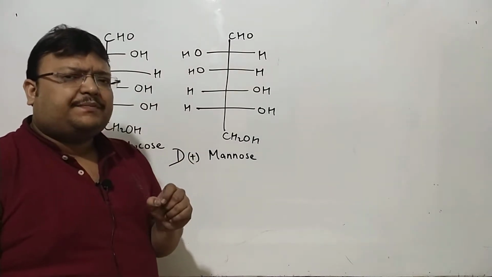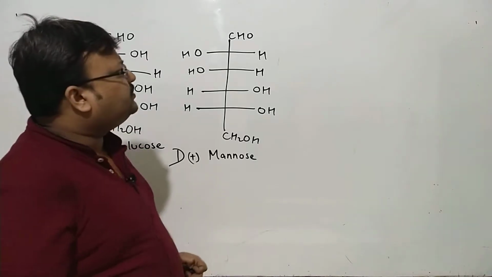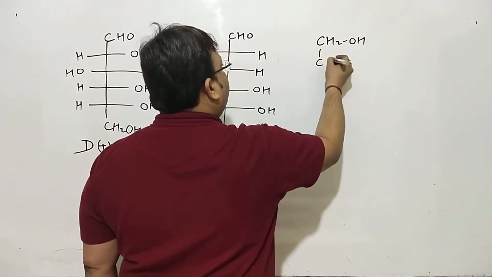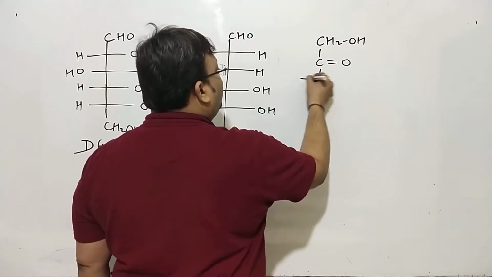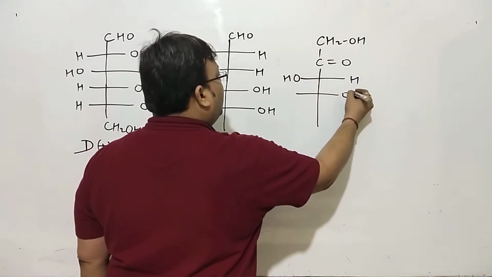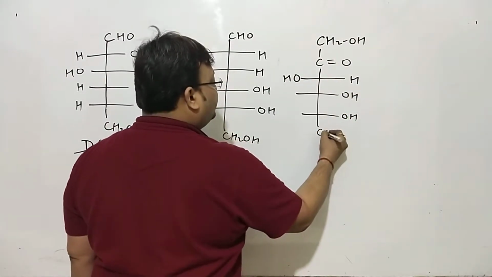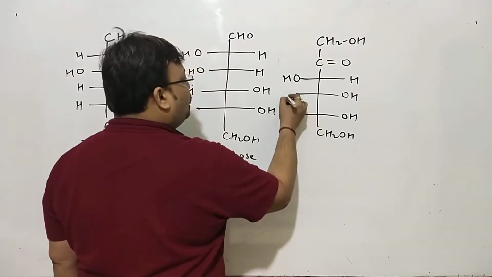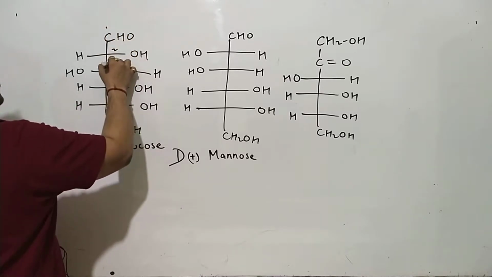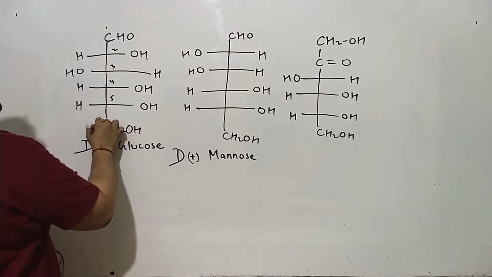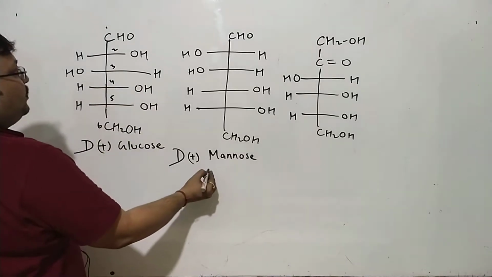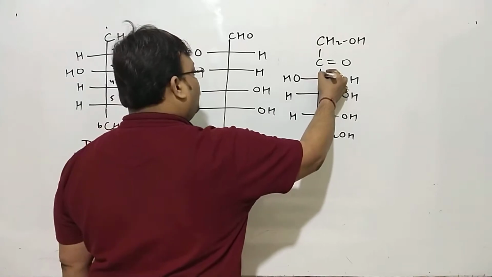And right away we take up the structure of the ketohexose, which is fructose: CH2OH, C double bond O, and see it's relevant because for carbons 3, 4 and 5, fructose will have the same configuration as glucose and mannose. So for carbon 3, 4 and 5, see this is how we'll number it, 1, 2, 3, 4, 5, 6, the configurations would be the same in glucose, mannose as well as in fructose.